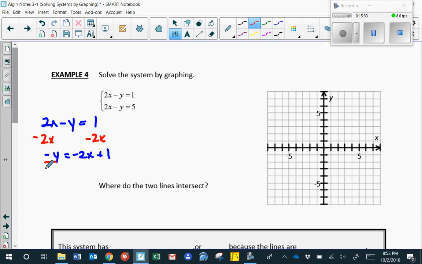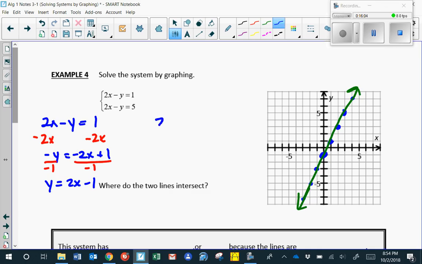Dividing both sides by negative 1, the equation becomes y is equal to 2x minus 1. That has a y-intercept of negative 1 and a slope of 2. So we'll graph as many points as possible to have a very accurate graph.